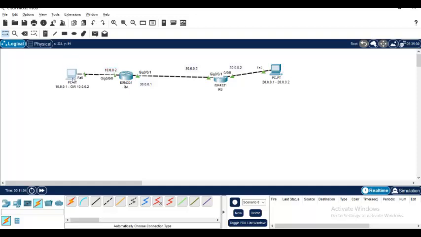Now my question is, when I ping from this PC to 30.0.0.1, will I be able to ping? Will I get the response from 30.0.0.1 or not? Try answering this question.